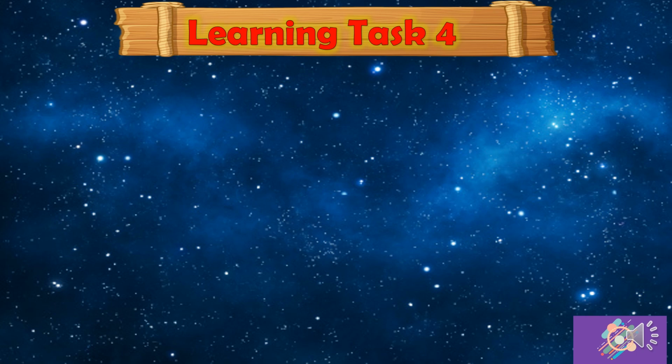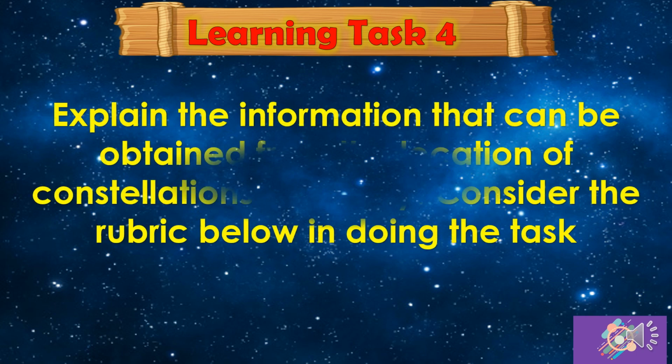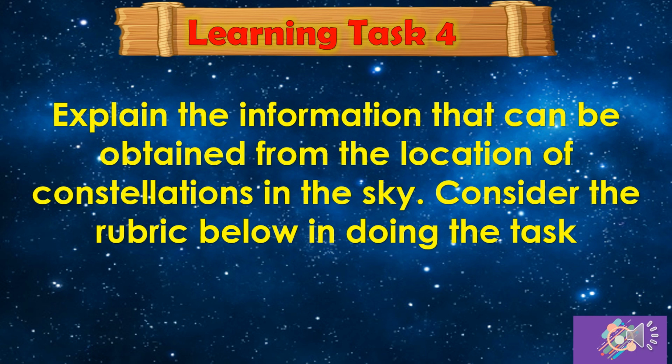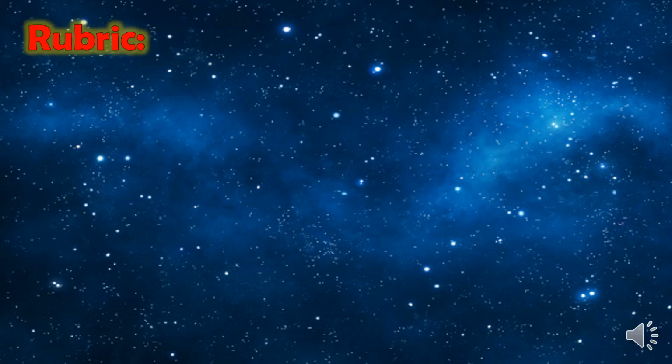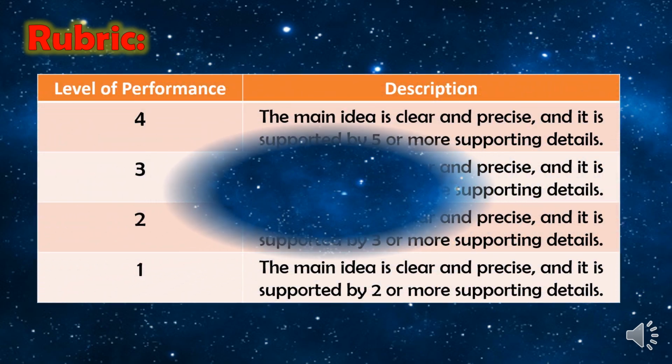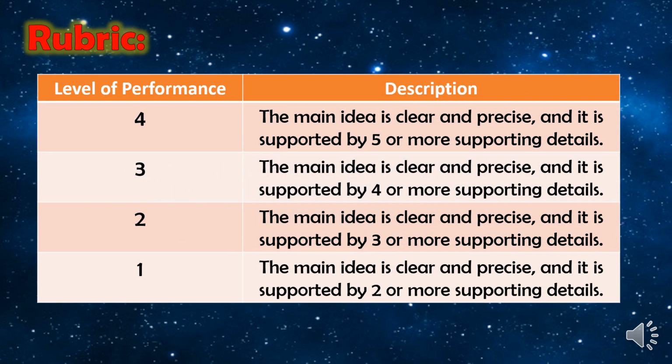For learning task number 4, explain the information that can be obtained from the location of constellations in the sky. Consider the rubric below in doing the task. Here is the rubric, the level of performance, and the description.